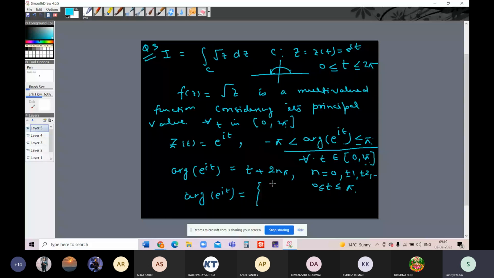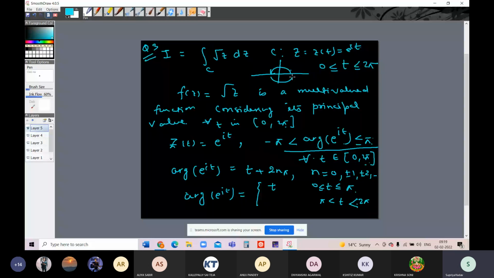Okay, so when t takes the value from pi to 2 pi, then as t varies here, in that case we will read the value like this.